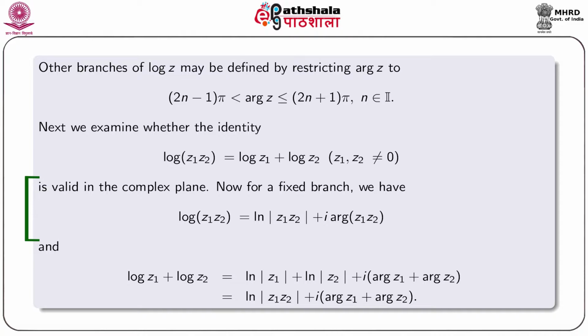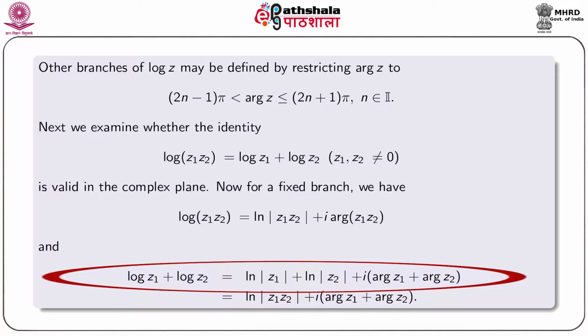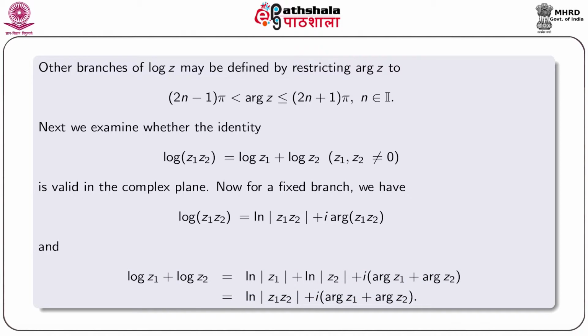Now, for a fixed branch, we have log(z1 z2) = ln|z1 z2| + i arg(z1 z2), and log z1 + log z2 = ln|z1| + ln|z2| + i(arg z1 + arg z2), which is equal to ln|z1 z2| + i(arg z1 + arg z2).